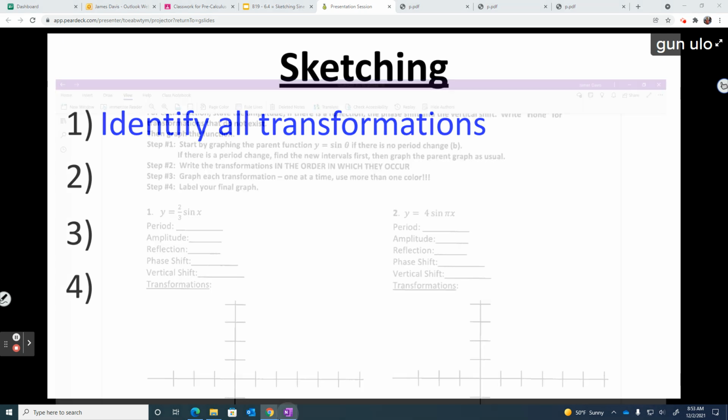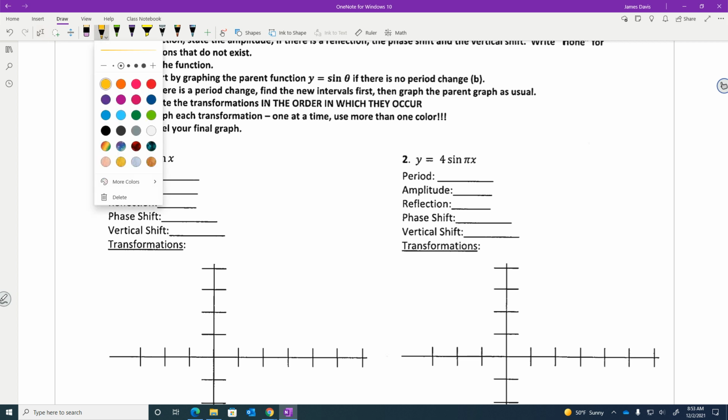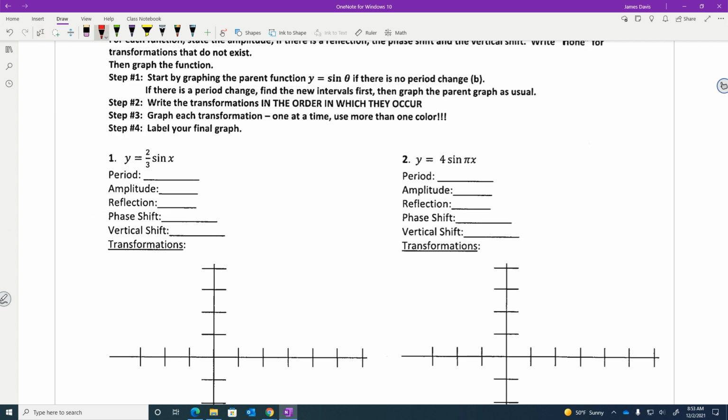With our first question, what is the period of this function? What's the period of 2/3 sine x? Is that one? Nope. What did you say? It's 2 pi, yeah. There is a 1 here, but that's not the period.